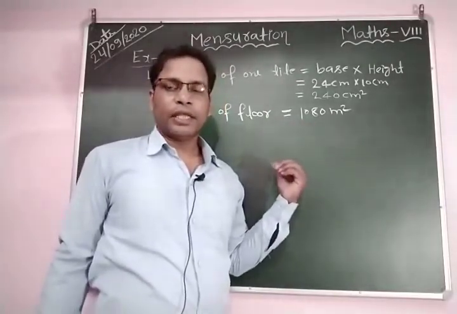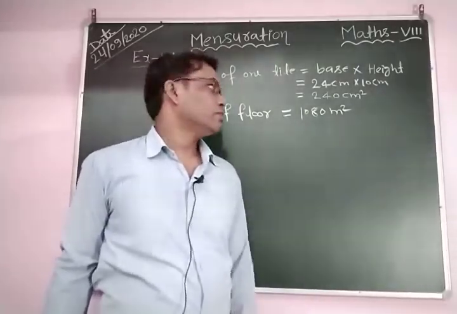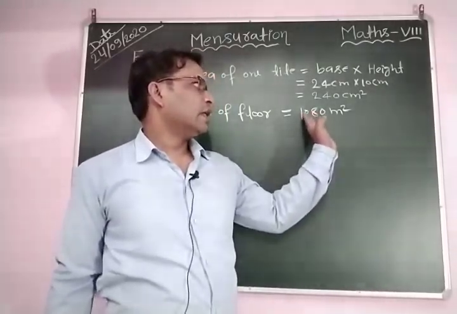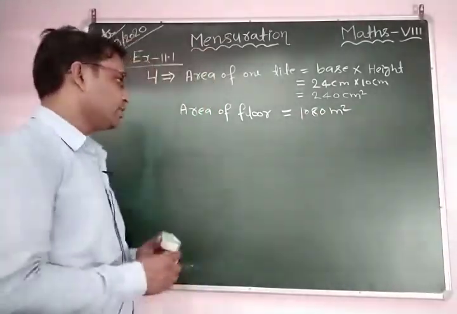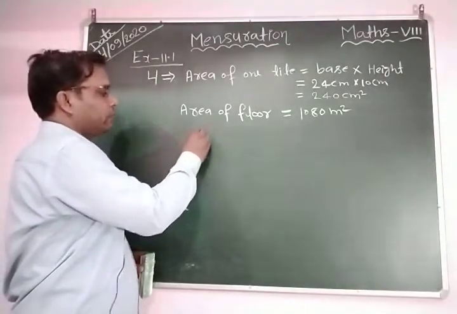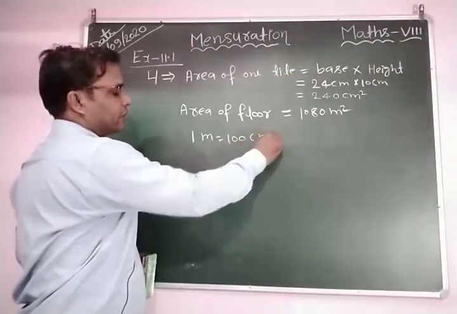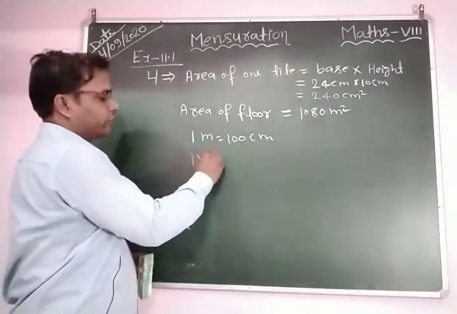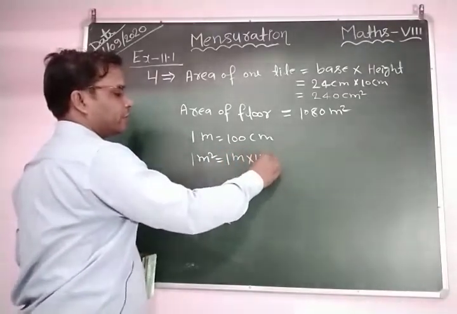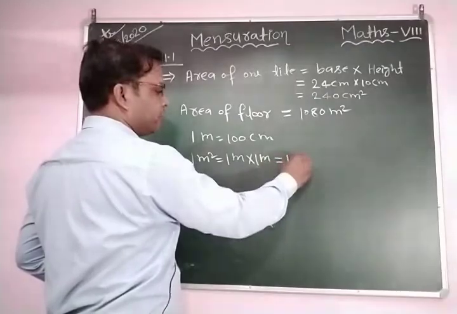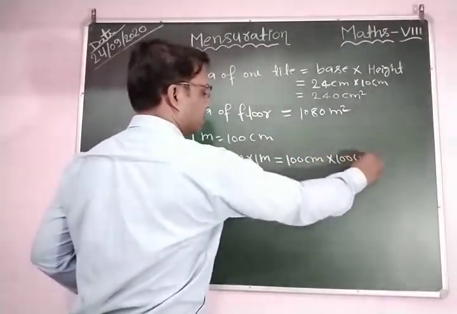So we convert this area, 1080 meter square, into centimeter square. You know very well that 1 meter is equal to 100 centimeter. So 1 meter square is equal to 1 meter into 1 meter, which is 100 centimeter into 100 centimeter.